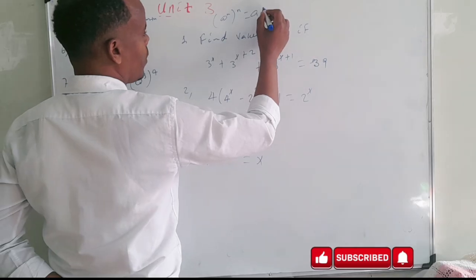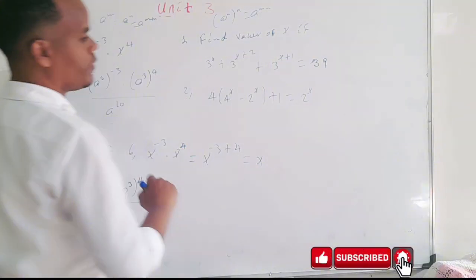That is a to the power of m, that is, multiply the exponents.